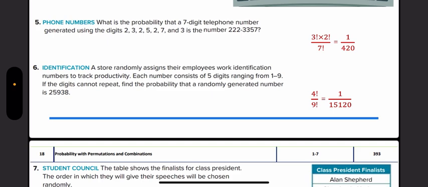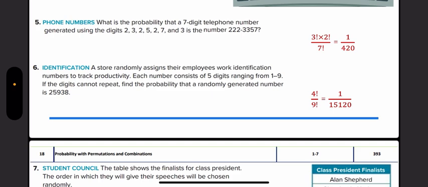There is no remaining part in the numerator because we are choosing 7 digits from 7 digits. If I'm choosing 7 digits from 7 digits, there are no remaining digits.